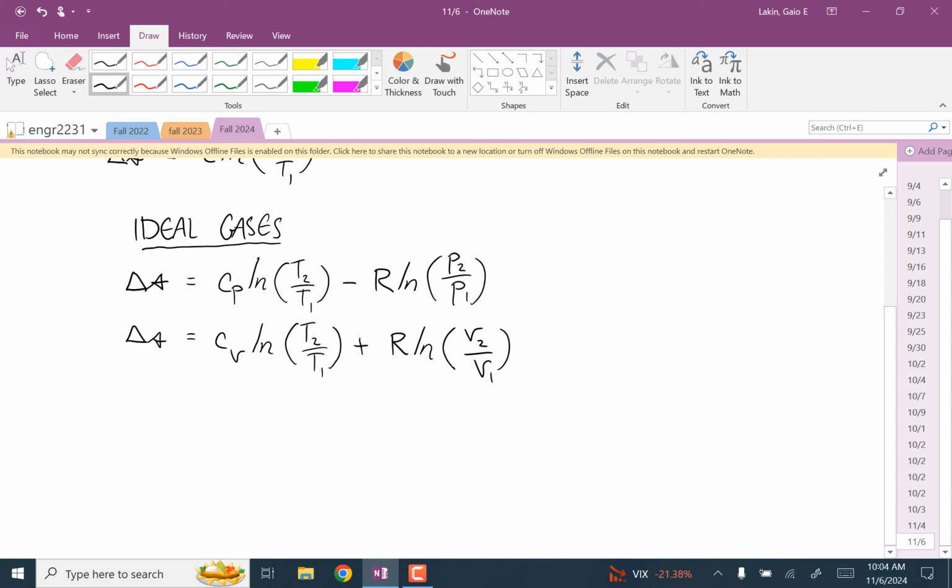And then the more accurate one. These are for small changes in temperature.